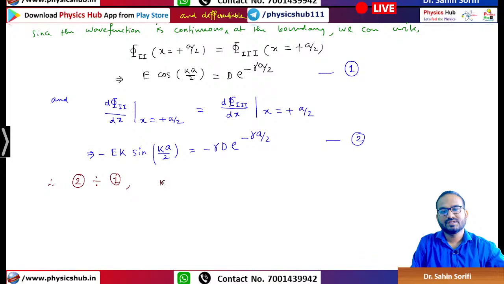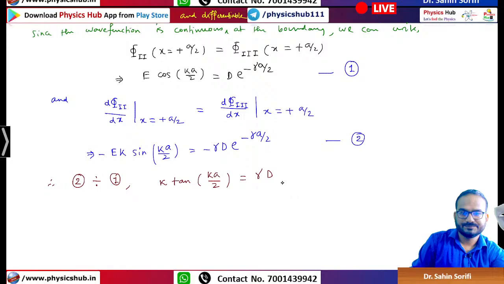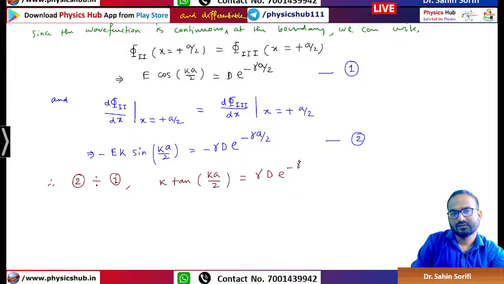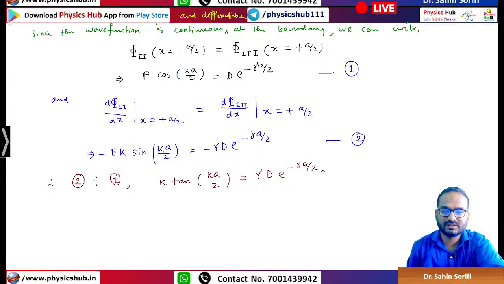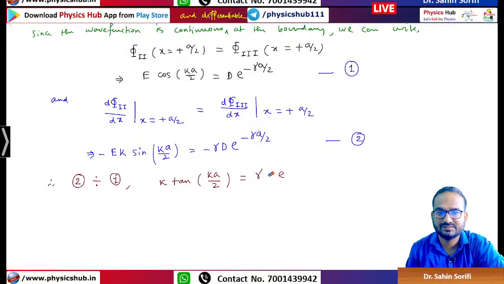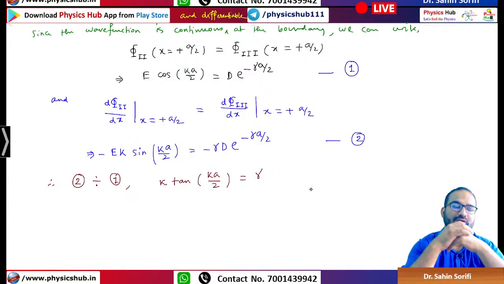It is k tan(ka/2) is equal to, D gets cancelled, gamma. e to the power minus gamma a by 2 is also cancelling, and D is also cancelling. So k tan(ka/2) is equal to gamma.